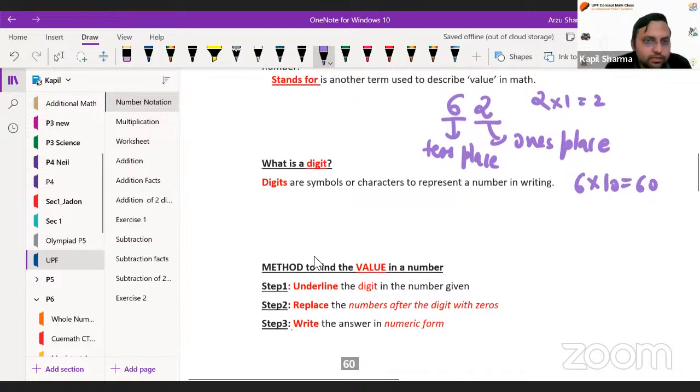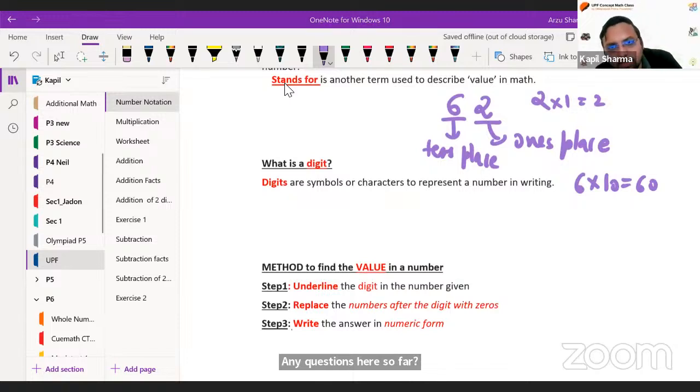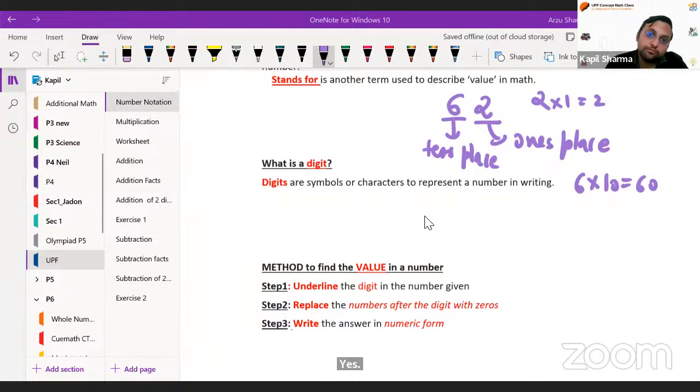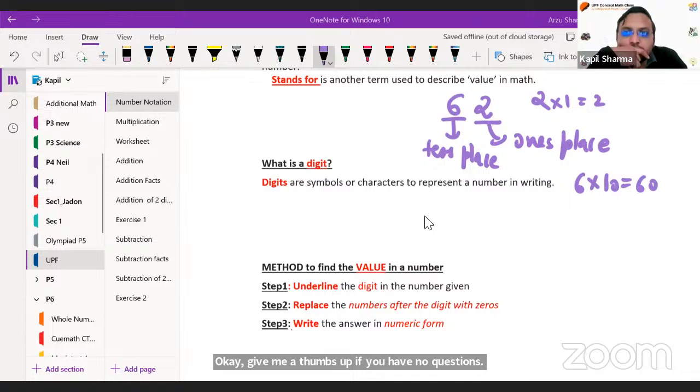Any questions here so far? Yes, Neetu, Prachi, Parth. Give me a thumbs up if you have no questions quickly. Yeah, great, Sujal.